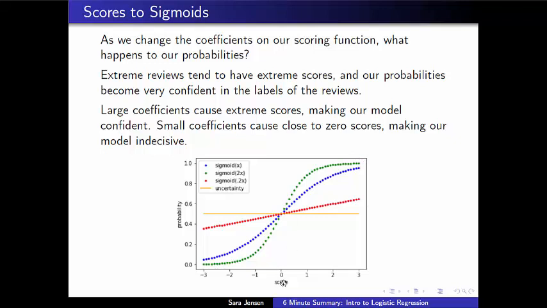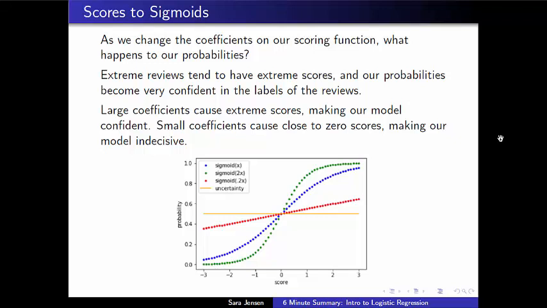So when we push our scoring function to these extreme values, very positive or very negative scores, we get very confident probabilities from this sigmoid function. However, if we have a score that is very close to 0, then that means there's a sort of balance of positive words and negative words, and we aren't really certain at all if that review is a positive review or a negative review.